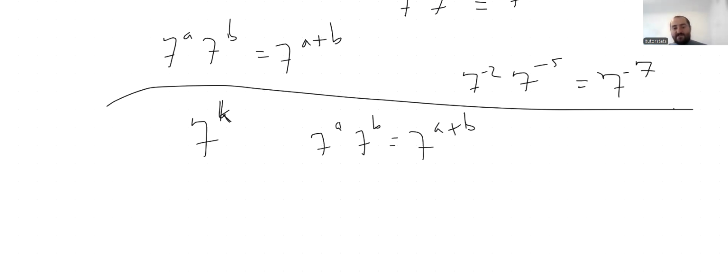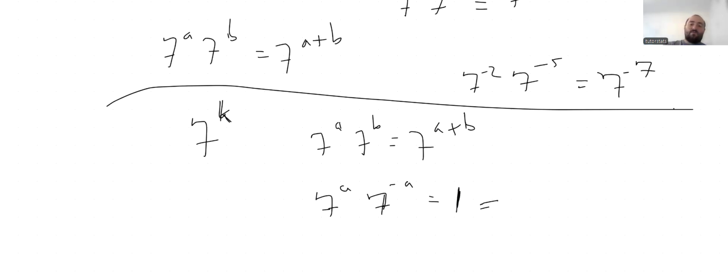Everything has an inverse. So, for example, the inverse of 7 to the a is 7 to the negative a. The inverse of 7 squared is 7 to the negative 2, and that gives me 1, which is the multiplicative identity, which must be 7 to the 0.